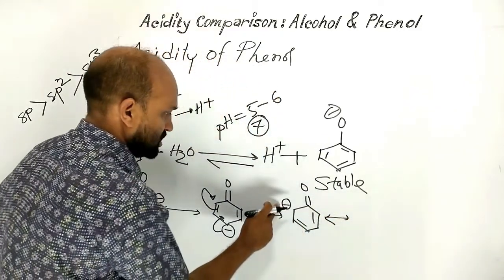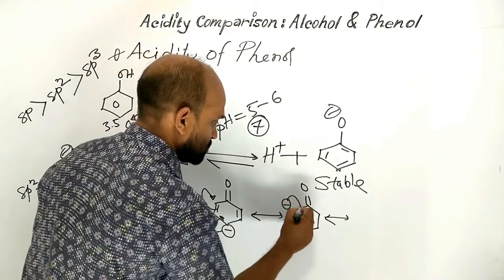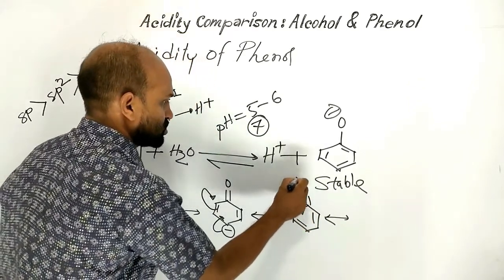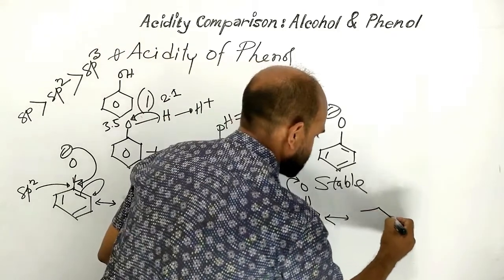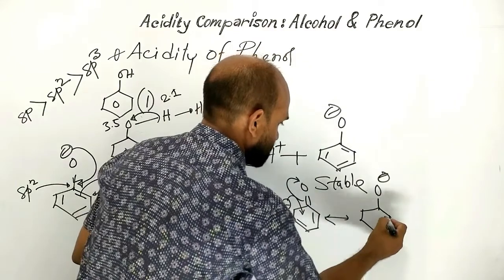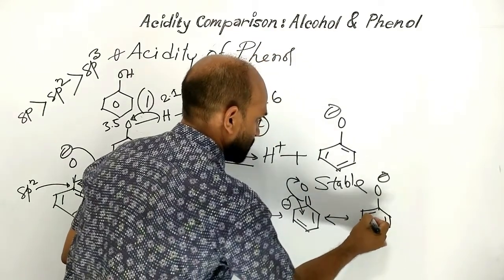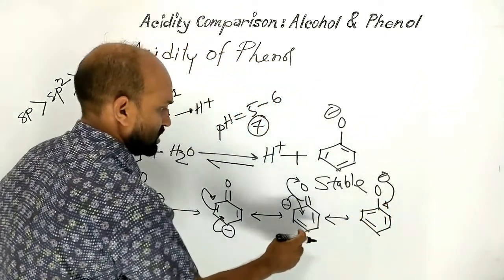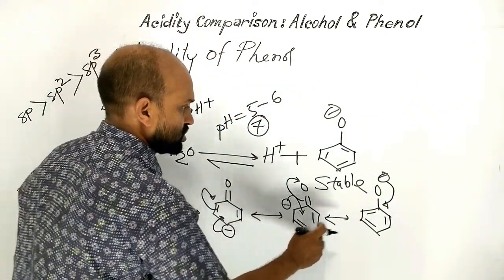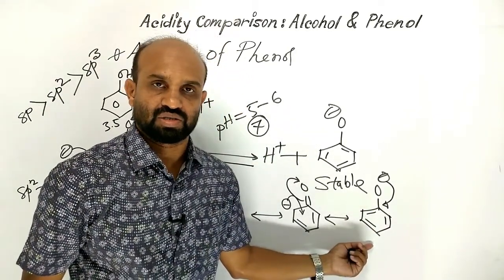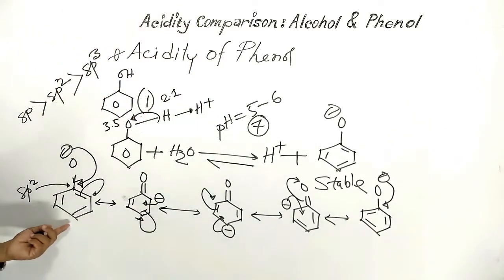Again, these lone pair of electrons turn into bond pair, and these bond pair of electrons turn into lone pair to form the phenoxide ion again. Phenoxide ion, here double bond, double bond, double bond. Again, it happens. Again, this ion is formed from this ion. That is, repetition occurs. And finally, this is obtained again.